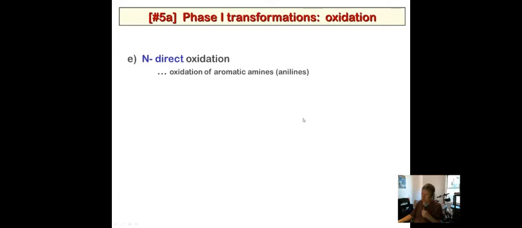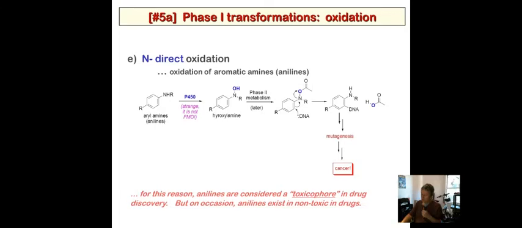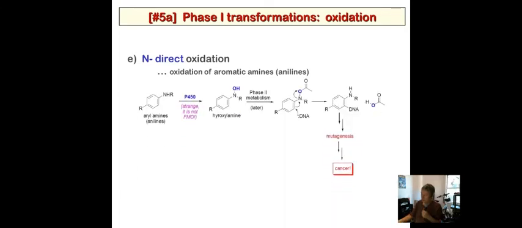And then DNA will attack in a kind of conjugate addition type thing, attack the alkene, and then the electrons form a double bond, and then this gets kicked off.